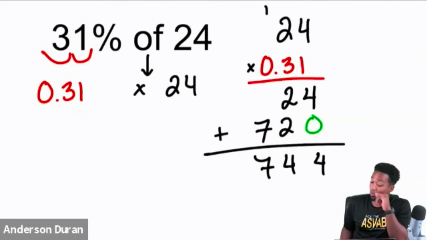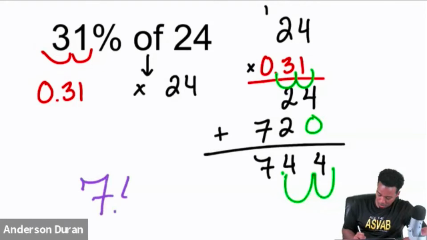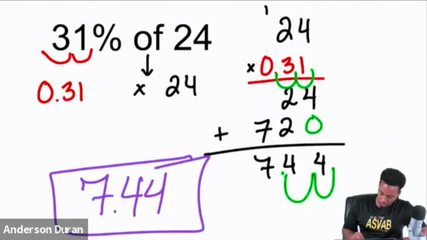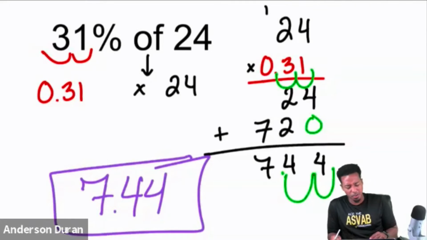That's right. We got to move those decimal places back. We have to bring them back. And so if we notice over here, we've got 1, 2 decimal places moved. So we'll go 1, 2 back. So our final answer will be 7.44. Booyah.